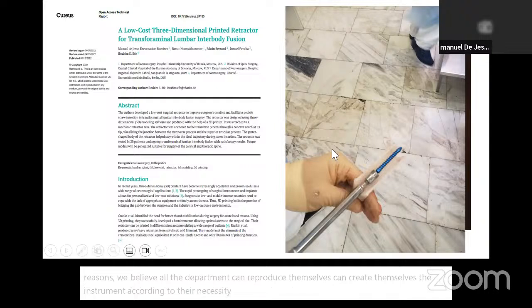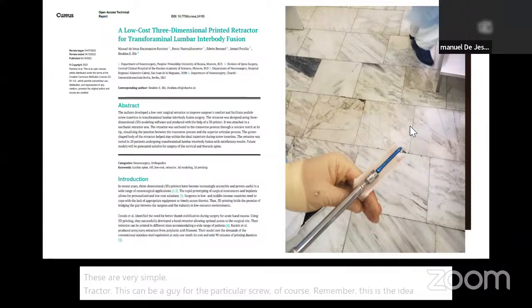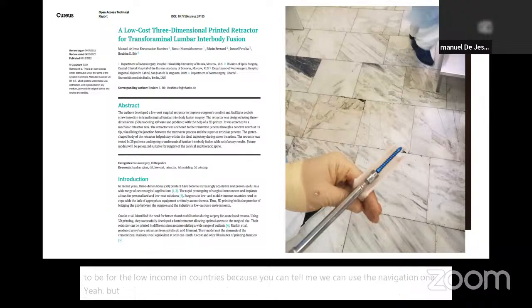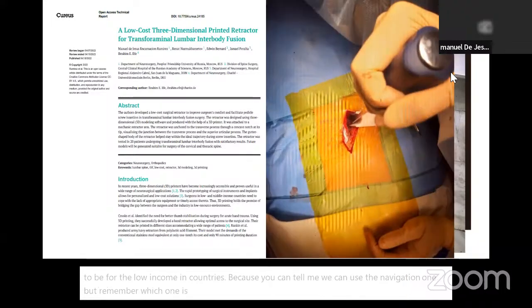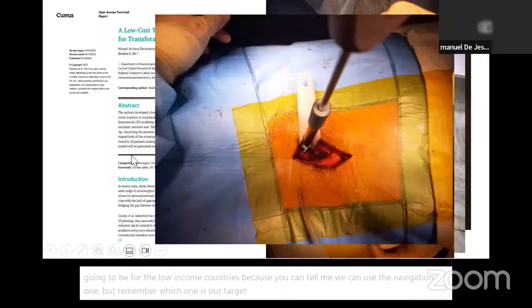This very simple retractor can be a guide for the pedicle screw. Of course, remember, the idea is for low-income countries, because you can tell me, yes, we can use navigation. But remember, which one is our target? You can see it here in action.